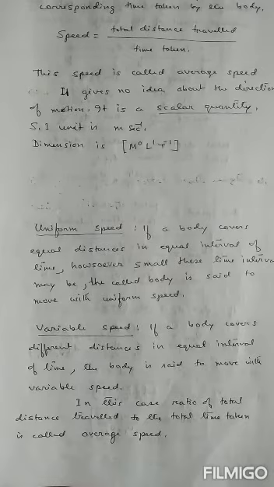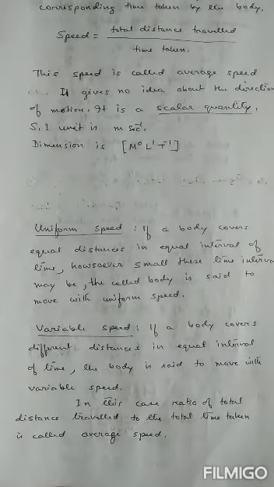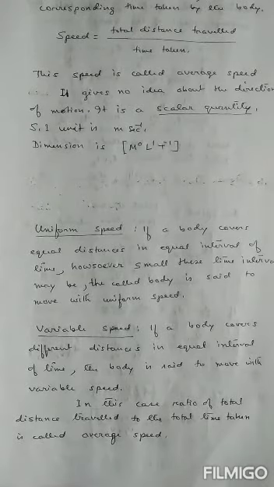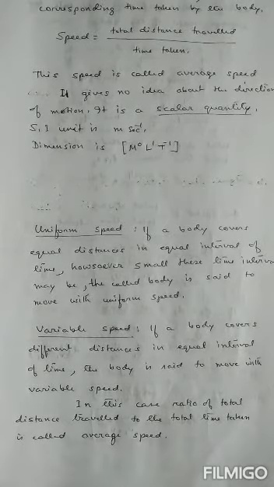What is called variable speed? If a body covers different distances in equal intervals of time, then the speed of the body is said to be variable or non-uniform.